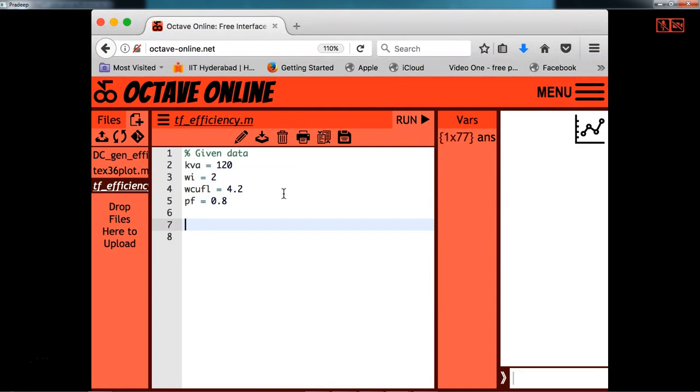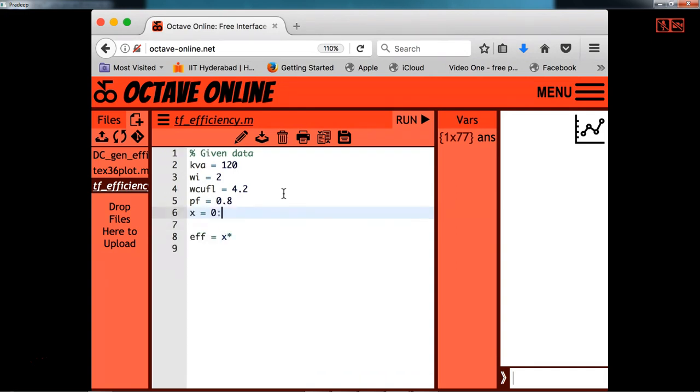So just based on this, I can define efficiency EFF equal to X multiplied by, so first let's define X. So X is nothing but 0 to 1 in the steps of 0.1. So this is a syntax. If I write like this, 0 colon 0.1 colon 1, X will be considered as a vector and different values of X will be there.